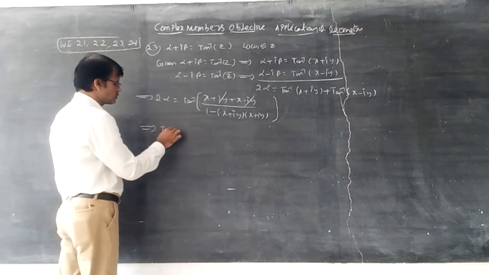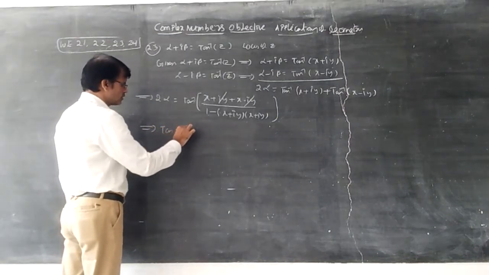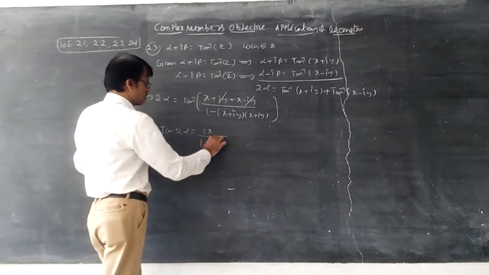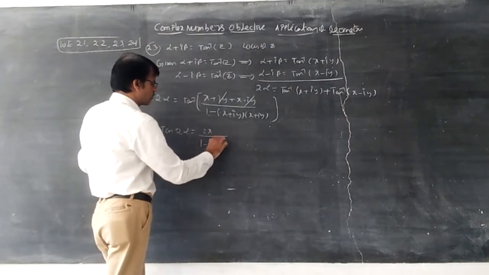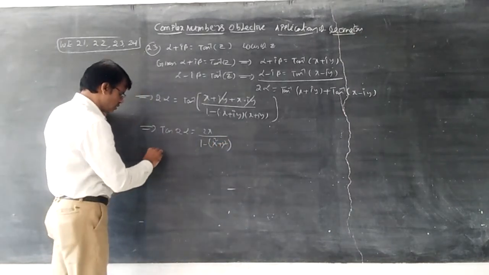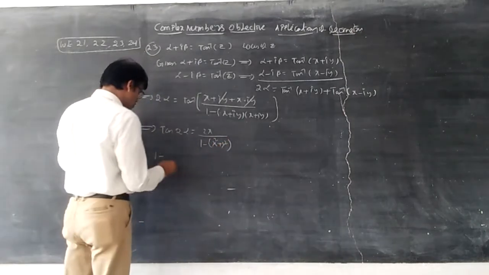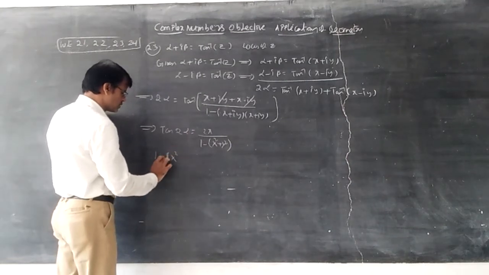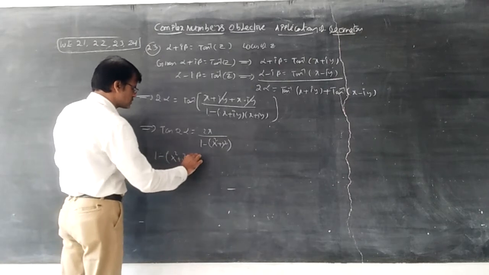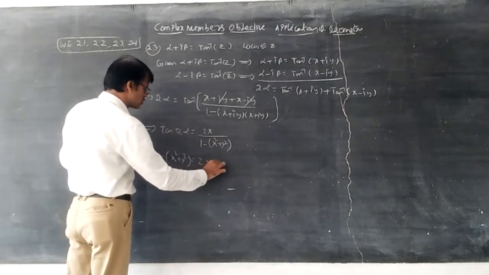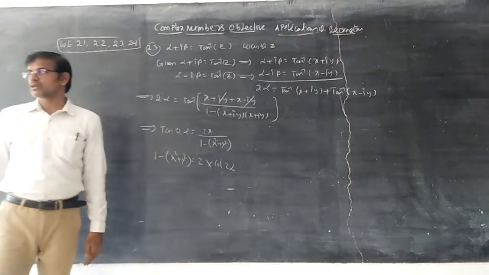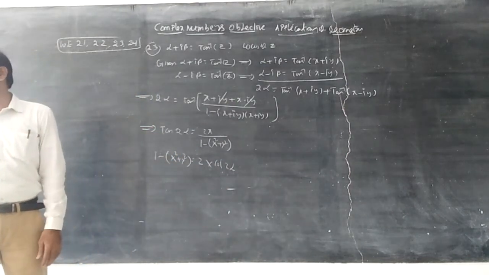Right here tan 2 alpha is equal to 2x by 1 minus, of the form (a plus ib)(a minus ib) is a square plus b square. Now cross multiplication on both sides: 1 minus (x square plus y square) is equal to 2x cot 2 alpha. Whenever tan 2 alpha is taken to the right side, it becomes cot 2 alpha.